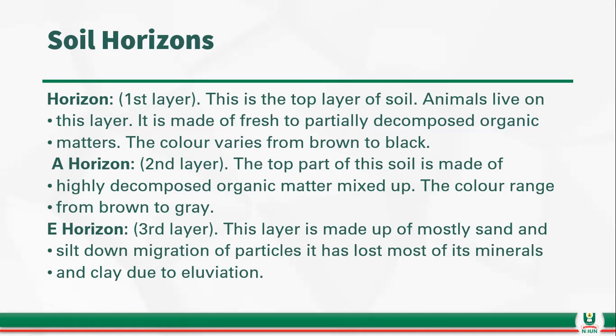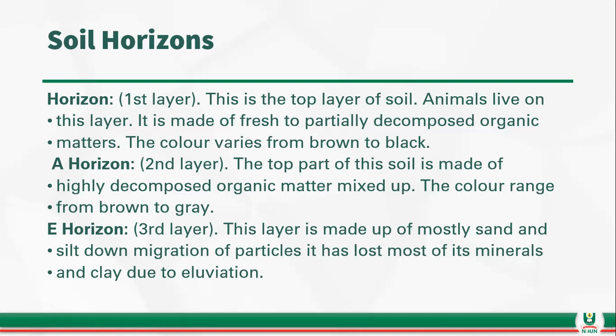And we say that animals live on this layer. Animals normally live on the topmost part of the soil horizons. And some of these animals we're talking about here may not be very large animals. Might just be earthworms, might just be ants, might just be some micro and macro organisms that move around.